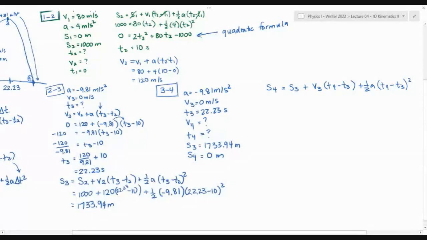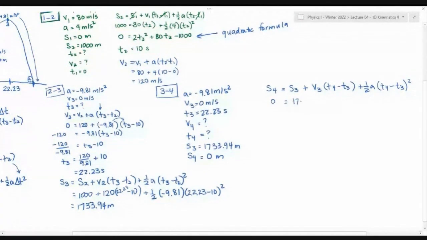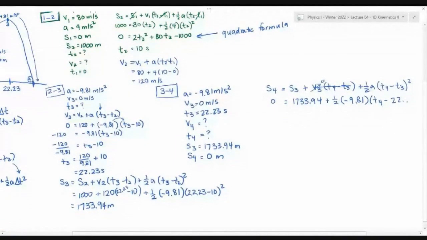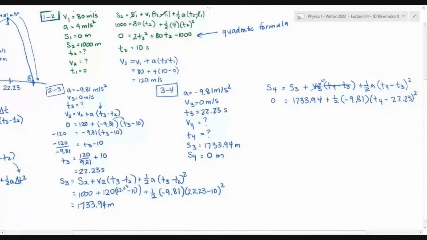So we're solving for T4 first. So my S4 is 0. My S3 is 1733.94 plus V3 is 0. So let's just right away, since this is 0, this whole thing is gone. 1/2 A, which is negative 9.81, T4, which is what we're looking for, minus T3, 22.23 squared.